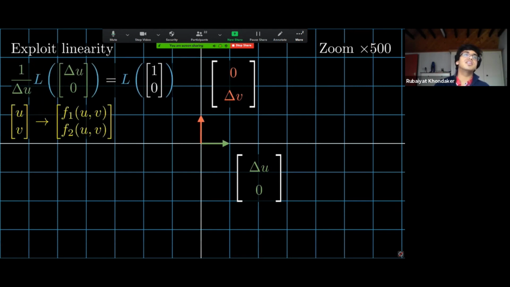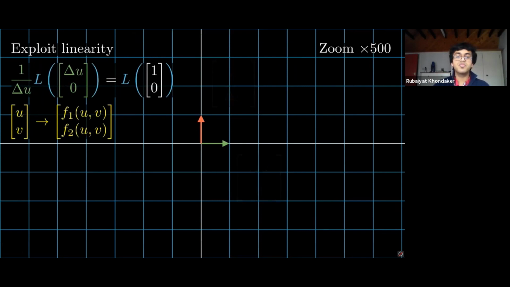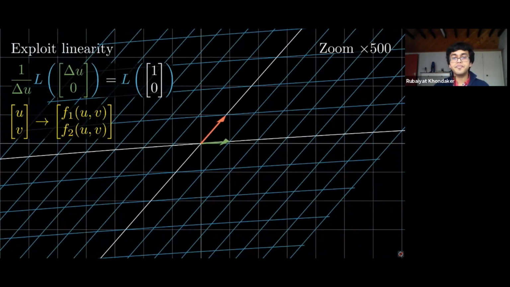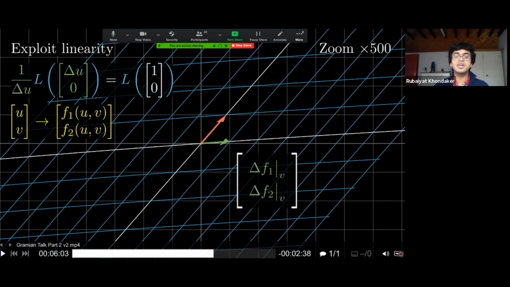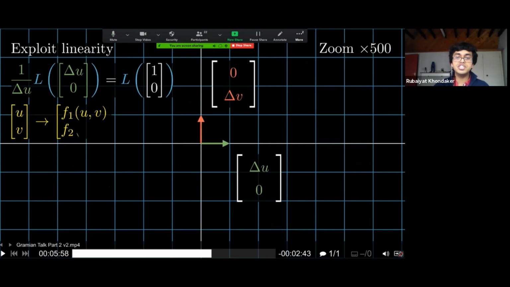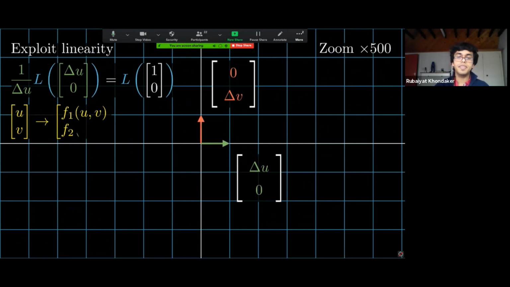So let's say, okay, we've got that equation for the transformation (u, v) goes to (f1 of u, v, f2 of u, v). And when we apply that near here, this vector is a tiny change to f1 when you hold v constant. Remember here, this was just changing u, not changing v.